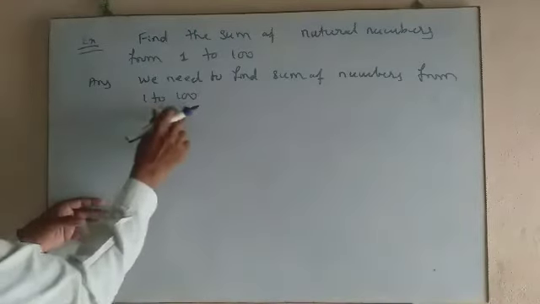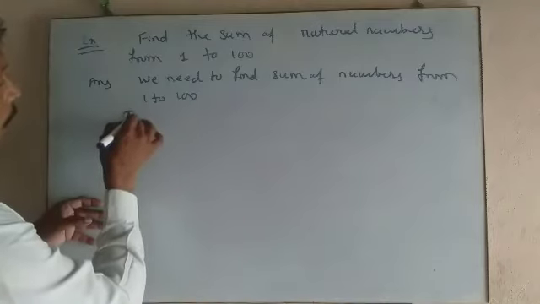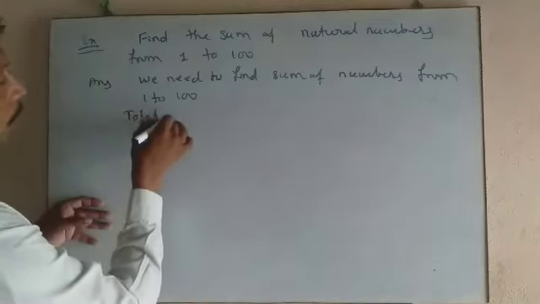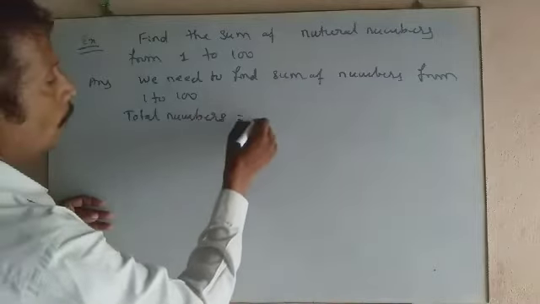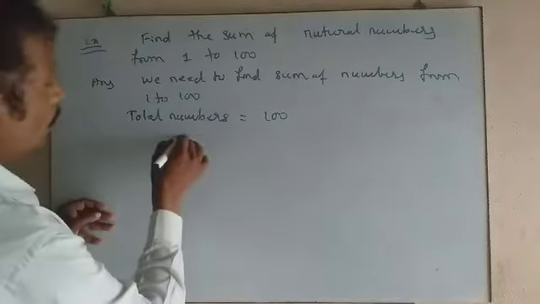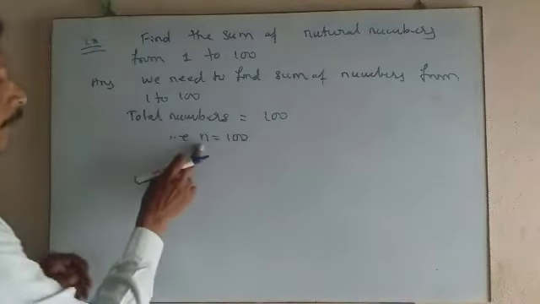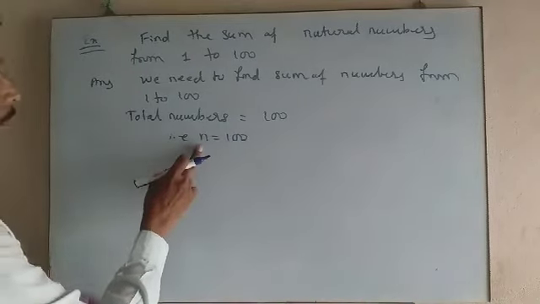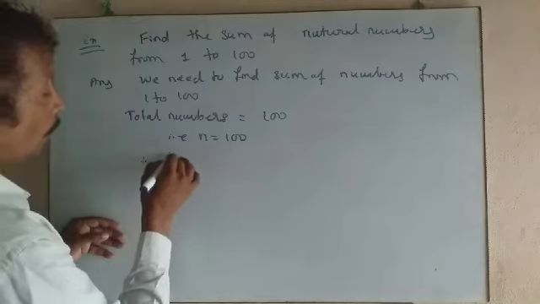Here the total numbers is 100. Total numbers is equal to 100. That is n is equal to 100. n represents total numbers. Therefore, we use the formula.